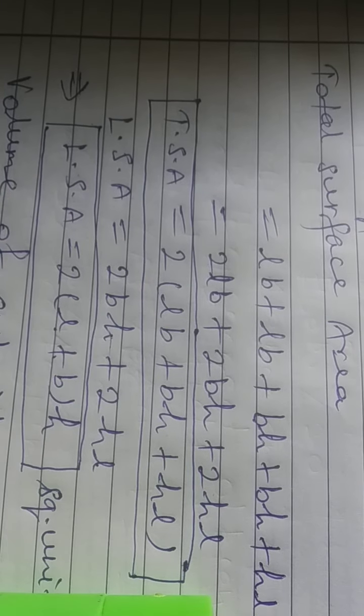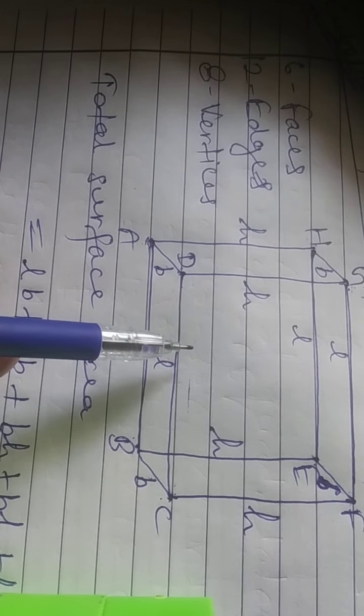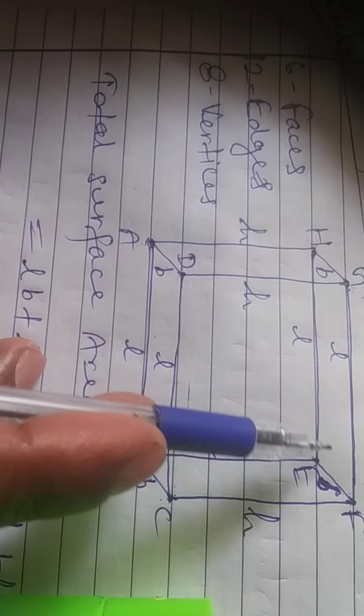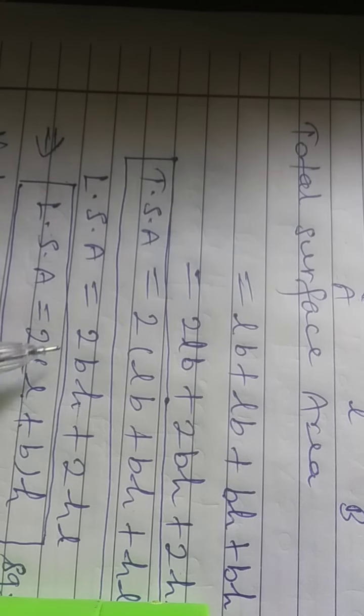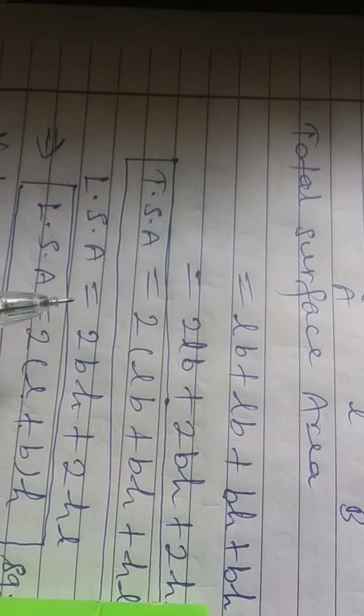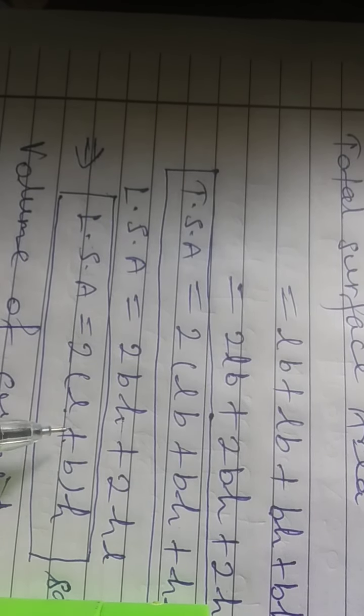The area of the lower surface is L into B and the area of the upper surface is L into B. After subtracting 2LB, the remaining area is called lateral surface area. So lateral surface area is equal to 2BH plus 2HL, and by taking 2H common from these two terms we get 2 into (L plus B) into H.